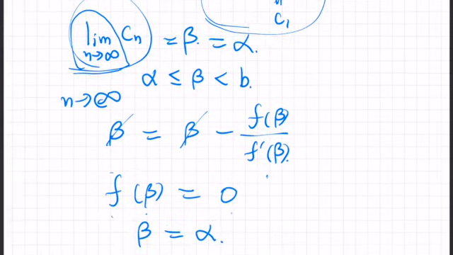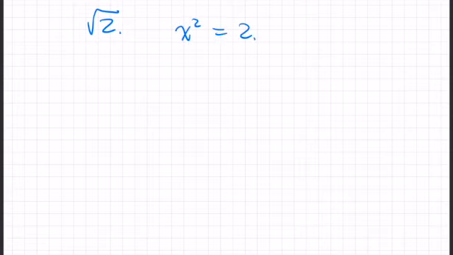Now let's consider a simple example of Newton's method. Just for simplification, let's try to find the square root of 2 by Newton's method. Square root of 2 is of course the solution of x squared equals 2. So we define this function f of x as x squared minus 2.